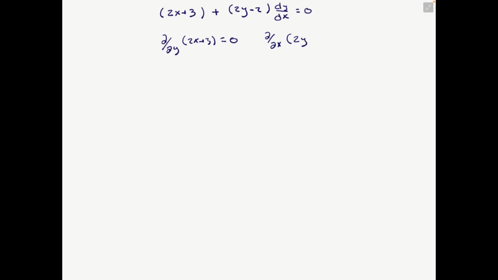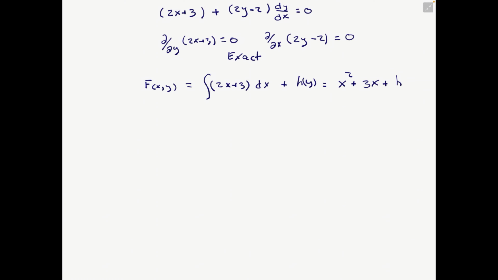This is a simple one: 2x plus 3 plus 2y minus 2 dy dx is 0. So d/dy of 2x plus 3 is 0, and d/dx of 2y minus 2 is also 0. So these are exact. They're the same, so there's a solution.